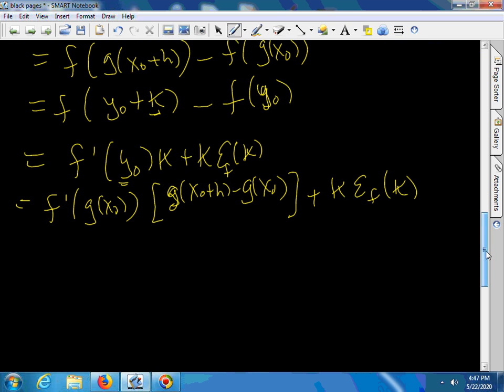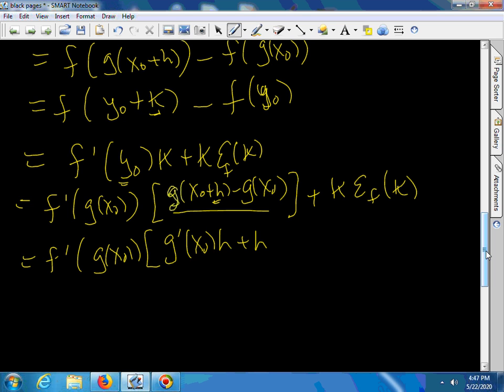Okay. Favorite formula again. This is equal to f prime of g of x0 times that. That's g prime of x0 times h plus h times the error function. The error is with respect to the g function, and it's a function of h. Plus this, k times the error function of k.